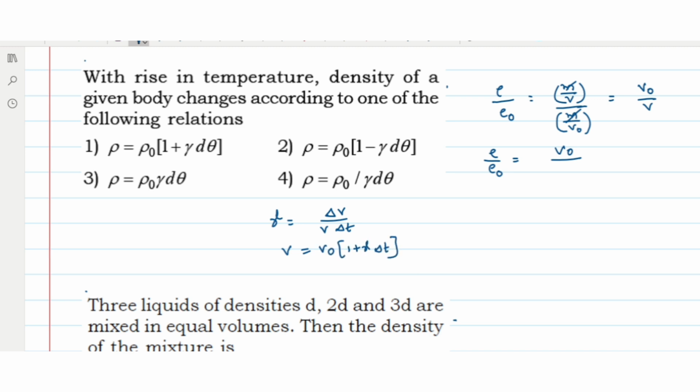You learnt this concept already. Instead of V0 and V, you have to put the value. Volume at a particular temperature is V0 into (1 plus gamma into delta T). You have to substitute; V0 gets cancelled.